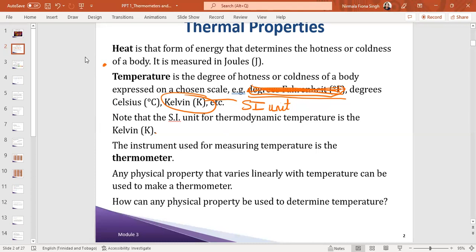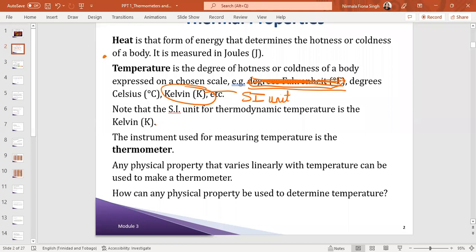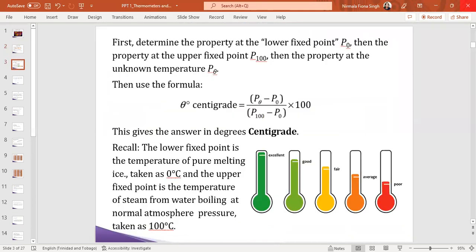Okay, so the instrument used for measuring temperature is the thermometer, which we do know. I hope you all know that by now. Any physical property that varies linearly with temperature can be used to make a thermometer. How can any physical property be used to determine temperature? So let's see. This is basically telling us how we calibrate any sort of thermometer, y'all.